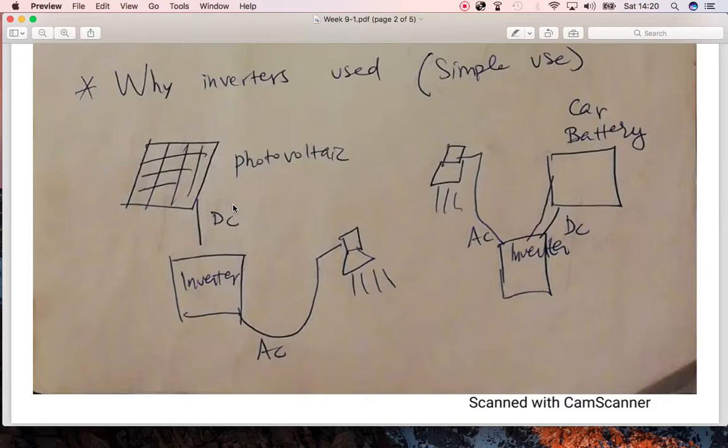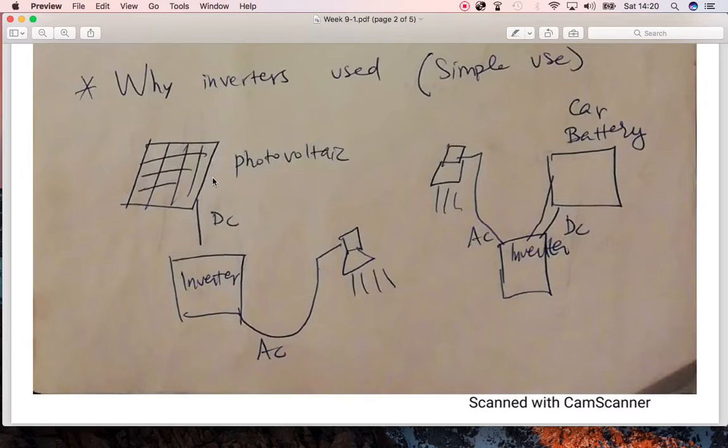So inverters are primarily used to convert DC power into AC power, so that it can be used by appliances at home. Like I have told previously as well, if we have a photovoltaic cell, then it is getting solar energy from the sun, transforming it into electrical energy, and it is being stored.